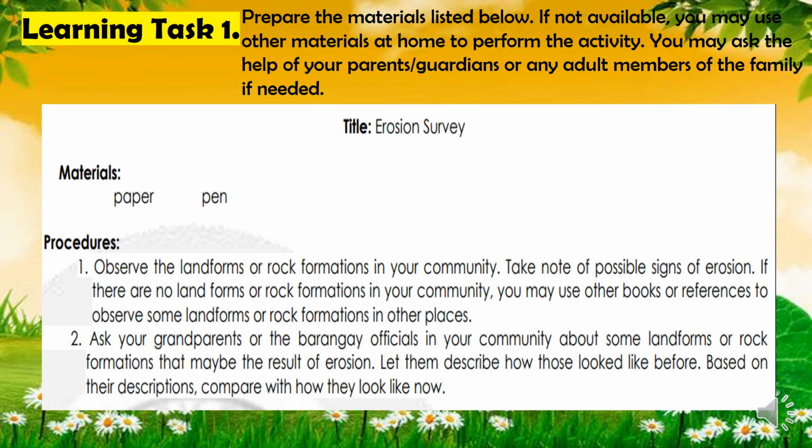For number 2, ask your grandparents or the barangay officials in your community about some landforms or rock formations that may be a result of erosion. Let them describe how those looked like before. Based on their descriptions, compare with how they look like now.